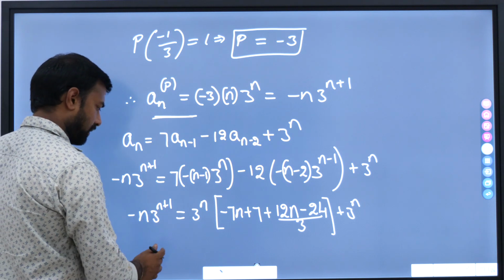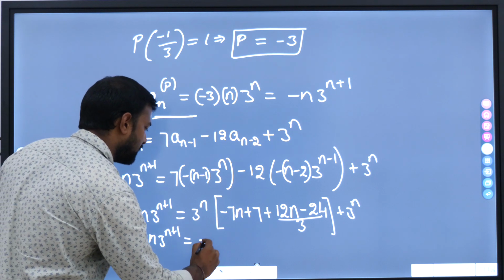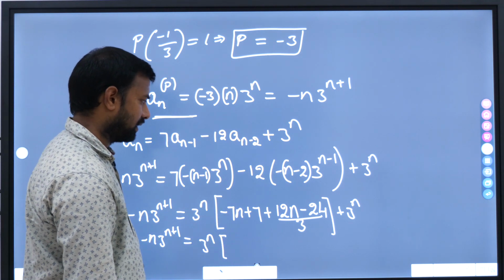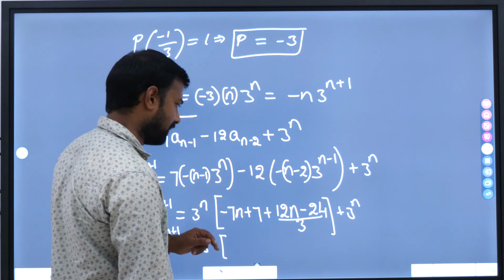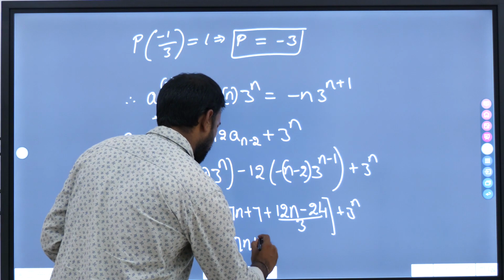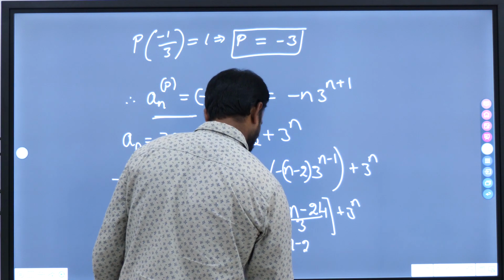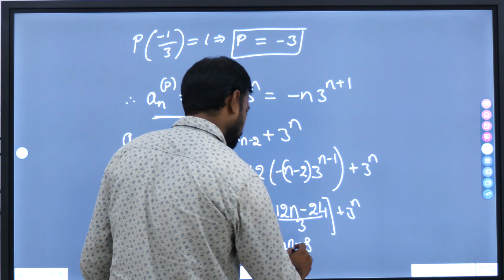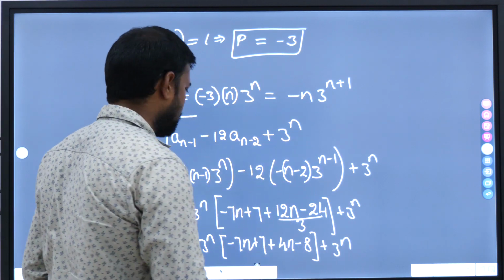Okay, so on both sides we must get the same expression. So minus n into 3 power n plus 1 equal to 3 power n into, let us try to simplify it. You take LCM. So if you take LCM, what do you get? You'll get 21n. I hope we can cancel 3 here. Right.